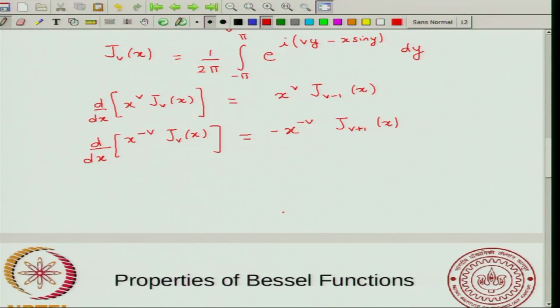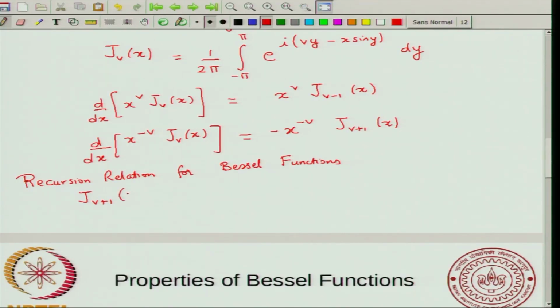Using these two, you can derive a recursion relation for Bessel functions. I will just write the recursion relations, and again I do not expect you to remember these, but these are useful things for you to know.